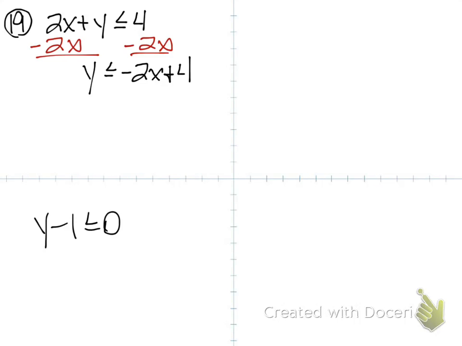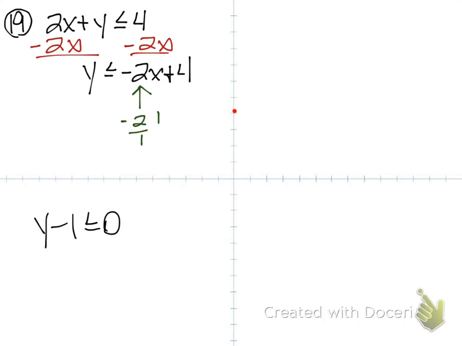Now remember, when you graph, you start with the y-intercept, which in this problem is 4. And then my slope is negative 2. So my slope of negative 2 is negative 2 over 1.